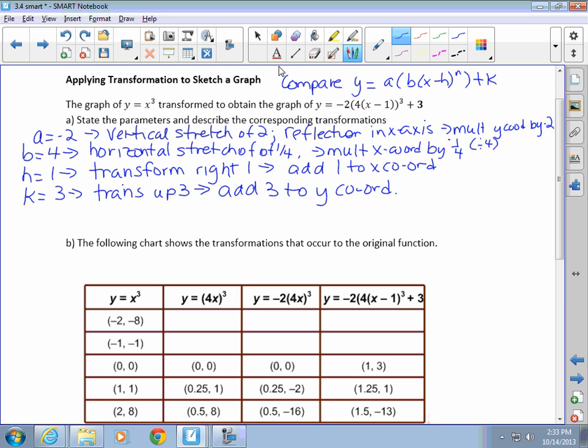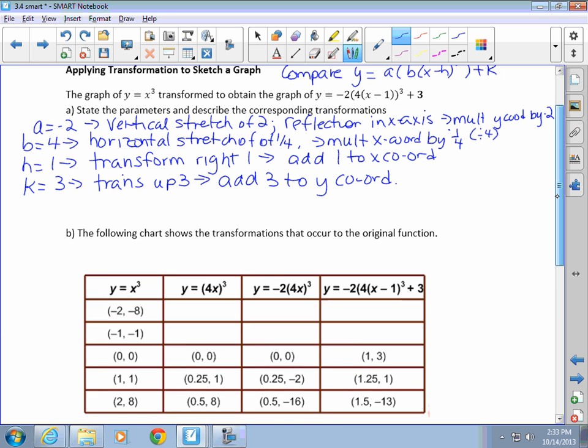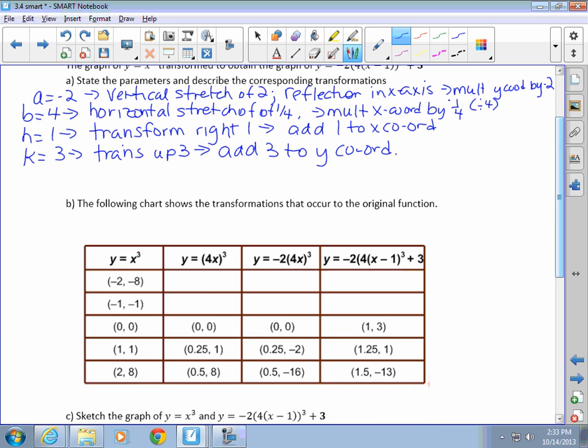All right. So the following chart shows the transformations. I'm going to do the first couple and then the rest of them are calculated out for you.